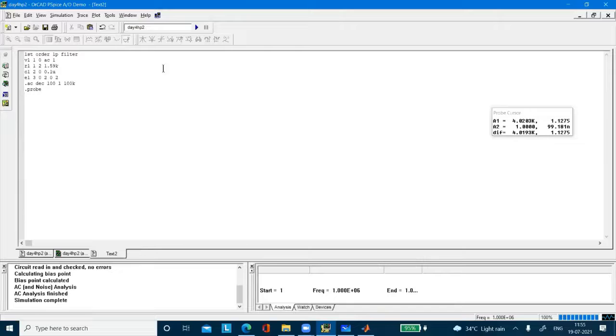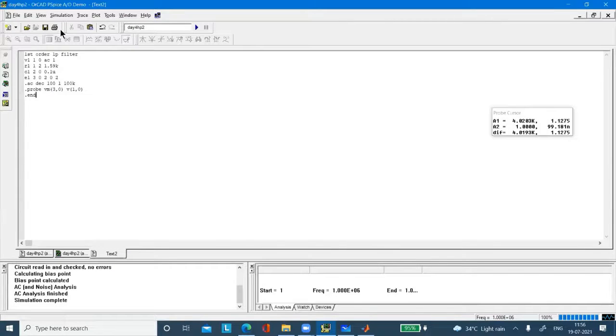Output is V30, and input is V10. So M for magnitude, V30 by V10. All right, now dot end.